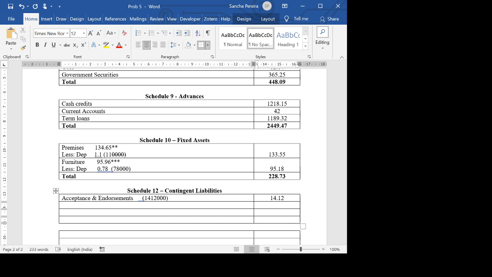And next one is claims against the bank not acknowledged as debts. Again, the amount is 55,000. But I'm going to take this as 0.5.